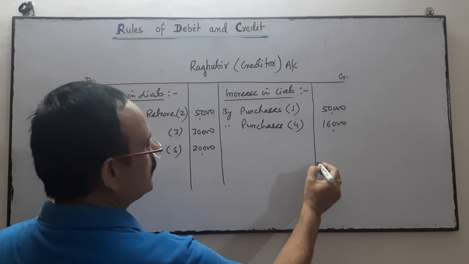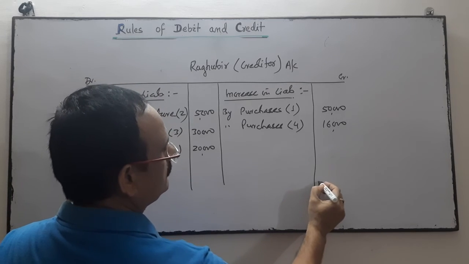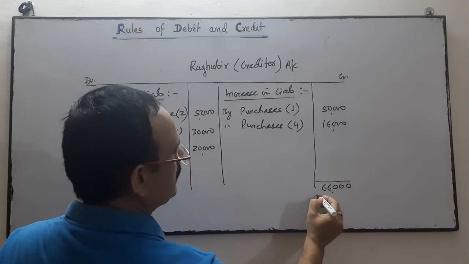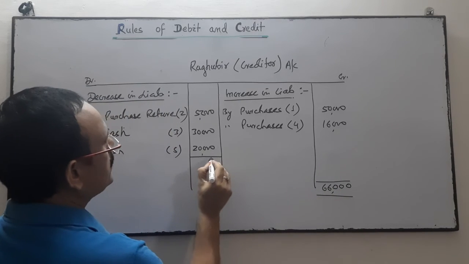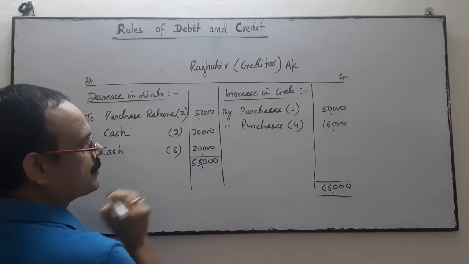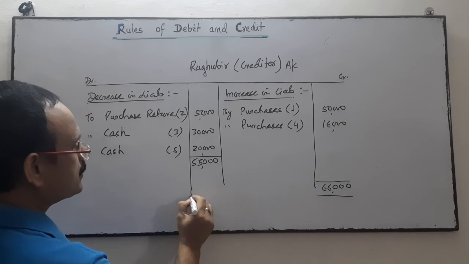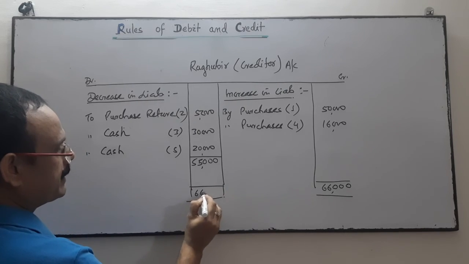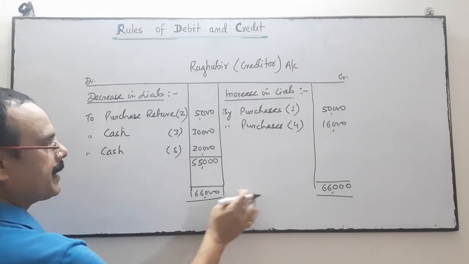Now what we do is the total of this side. This side total is 66,000. This side total is 55,000. So the difference is how much? This side is 66. I have written 66 this side as well, in parallel to this.